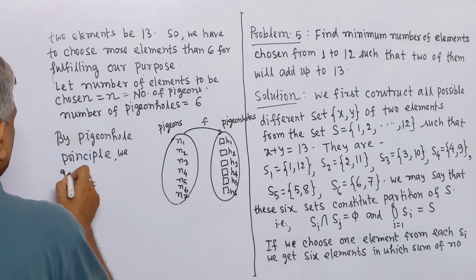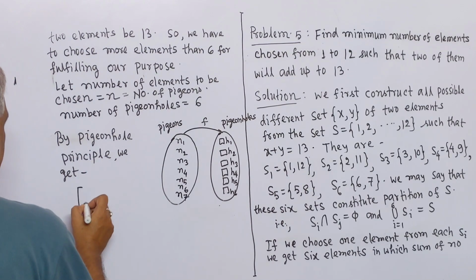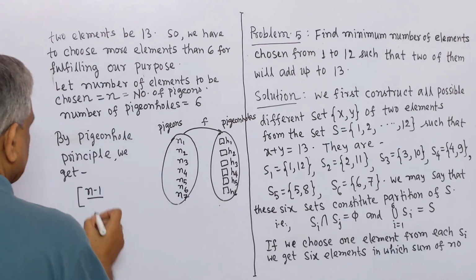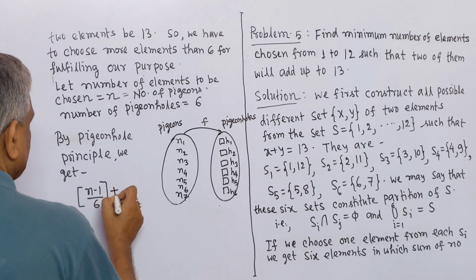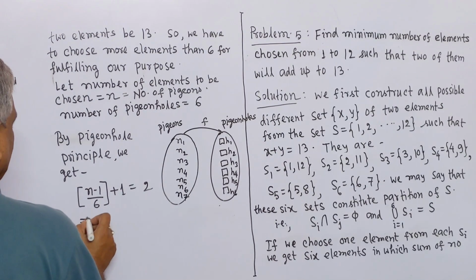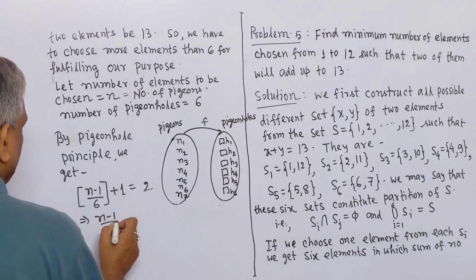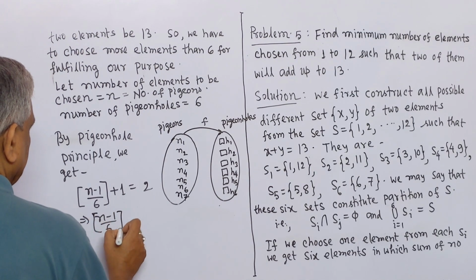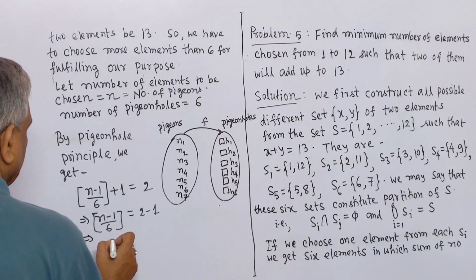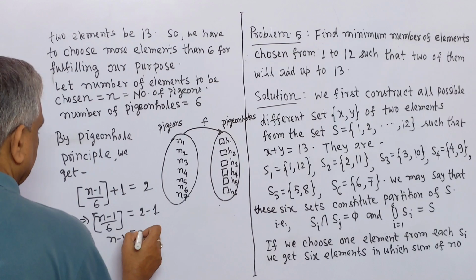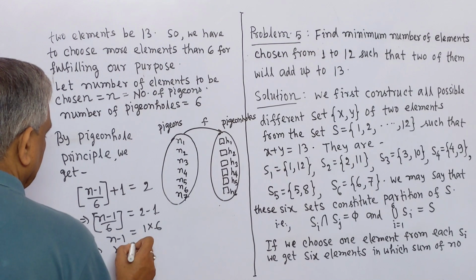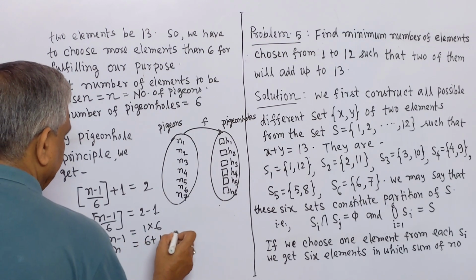we get greatest integer function of (n minus 1) by number of pigeonholes 6, plus 1 equal to 2, implies that greatest integer function of (n minus 1) by 6 equal to 2 minus 1, implies that n minus 1 equal to 1 multiply 6, implies that n equal to 6 plus 1 equal to 7.